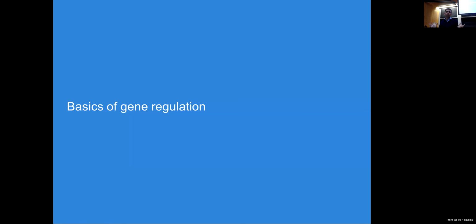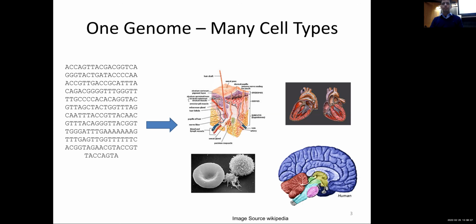So what are the basics of gene regulation? As you all know, you have one genome within you. You have your genome, 2 copies, one from mom, one from dad, mixed and matched in very cool ways. But you have many, many, many cell types. If you look at the diversity of cell types within any organ of your body, like within your blood, there's dozens of different types of immune and non-immune cell types.